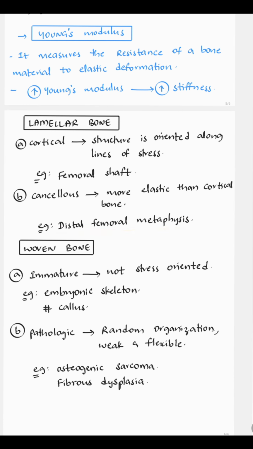Woven bone, immature bone. It is not stress oriented. Example, embryonic skeleton, fracture callus. Pathologic bone, random organization, weak and flexible. Example, in tumorous conditions like osteogenic sarcoma and other conditions like fibrous dysplasia.